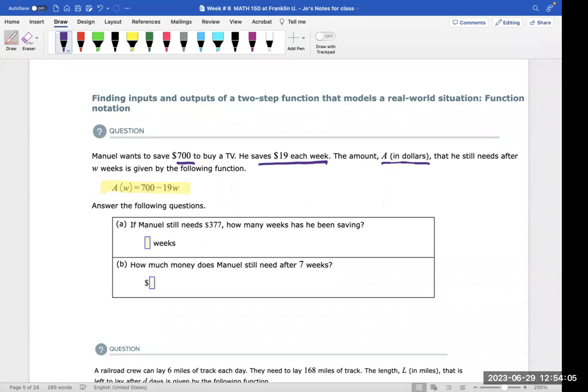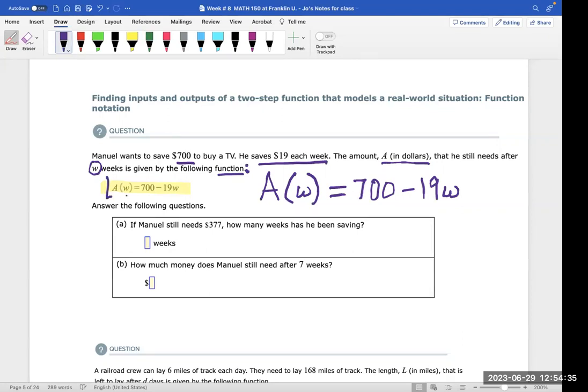The amount, called capital A in dollars, that he still needs after W weeks is given by the following function. That is the amount he still needs, depending on the number of weeks that have already passed, is the same thing as that $700 minus 19 times the number of weeks that have passed.